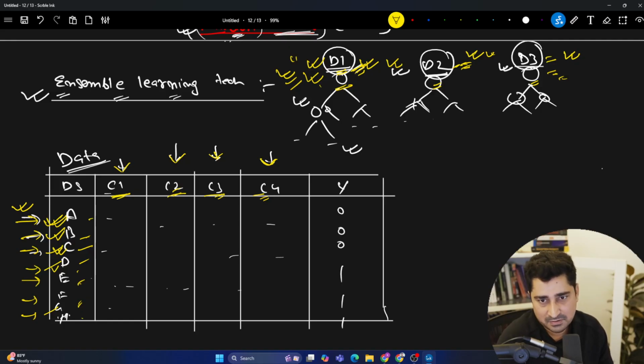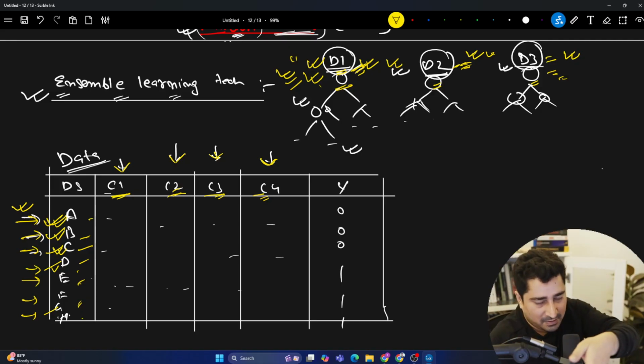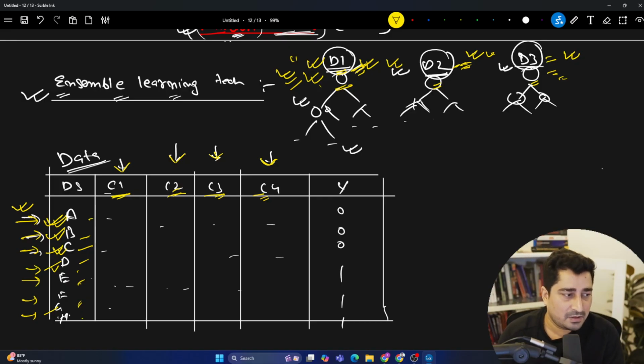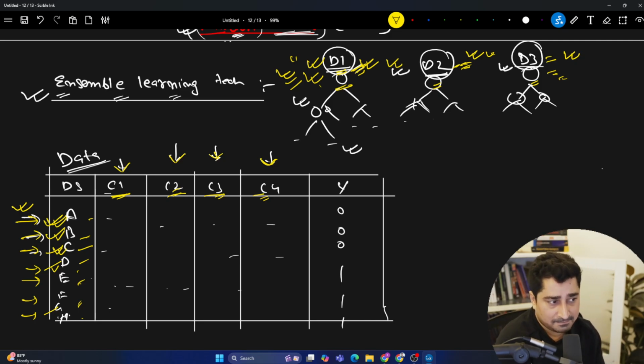Voting means majority wins, whether it's class 0 or class 1. In the case of regression, we'll go for averaging. Every decision tree is going to give me some value, and then I'll average it out, and that is going to be the final result for regression. And we all know how a base tree is built. The logic behind building a base tree has not changed. It's the same as what I have discussed with respect to a decision tree.